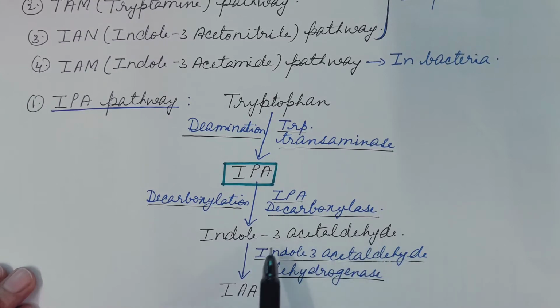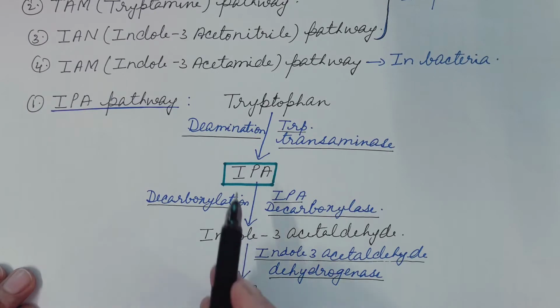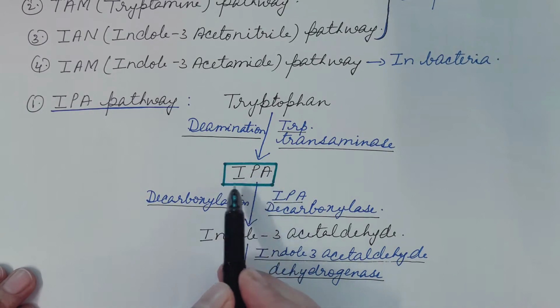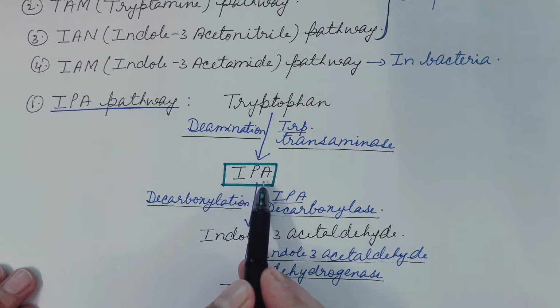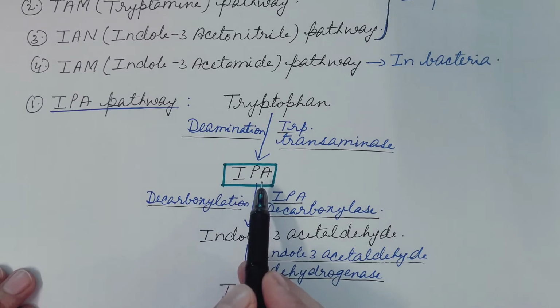This indole 3-acetaldehyde then undergoes dehydrogenation in the presence of the enzyme indole 3-acetaldehyde dehydrogenase and is converted into indole 3-acetic acid, that is naturally occurring auxin. So here the first intermediate of the pathway is IPA, hence it is known as the IPA pathway.